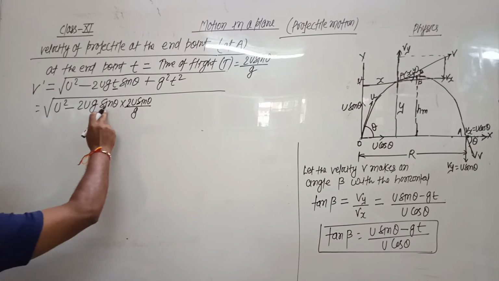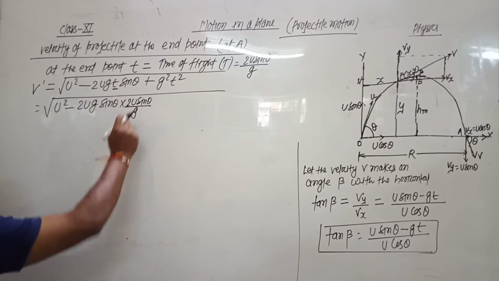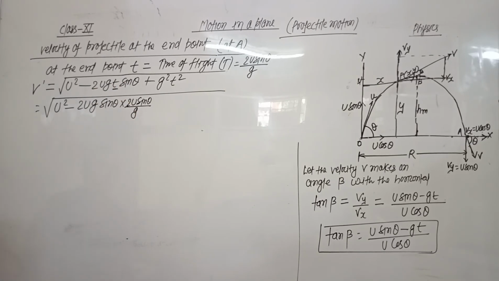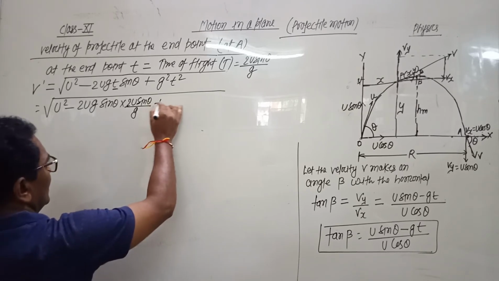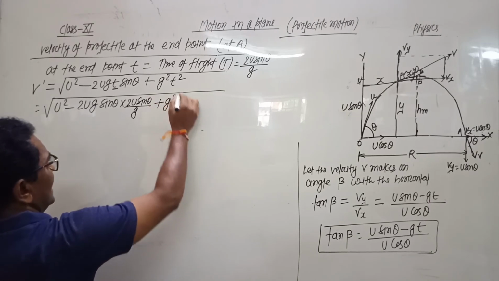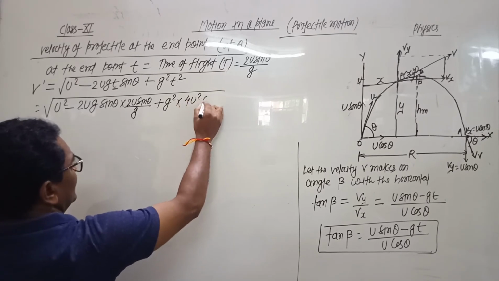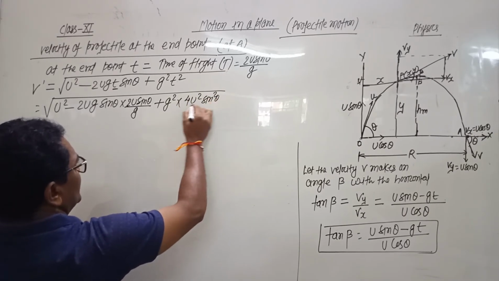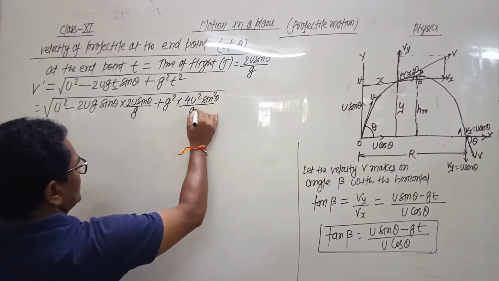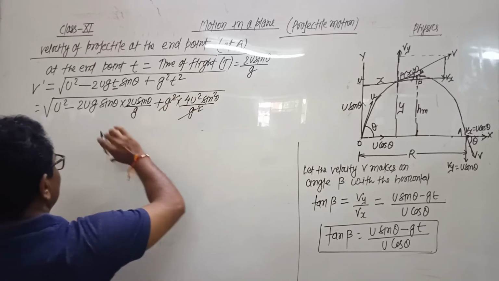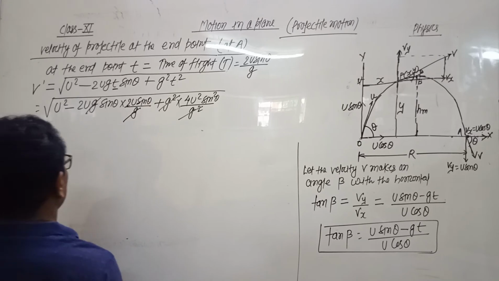Into sin theta, sin theta we have already taken. So 2ug sin theta, and the value of t is 2u sin theta upon g, plus g square and the value of t square, so 4u square sin square theta upon g square. So g square gets cancelled.